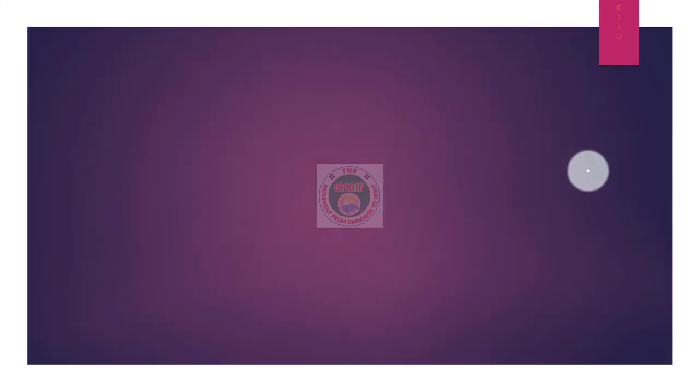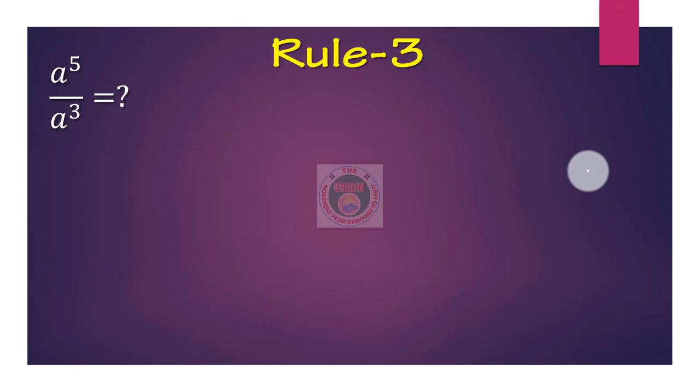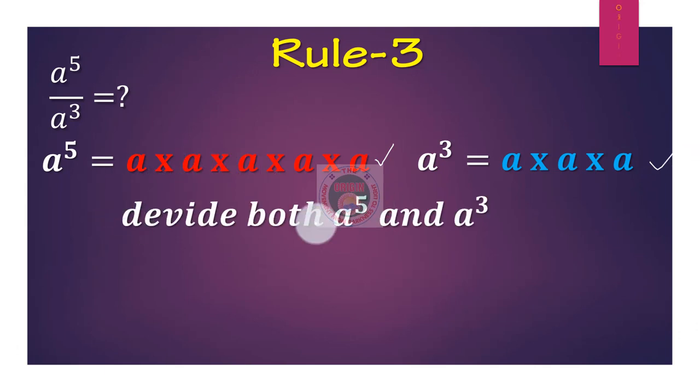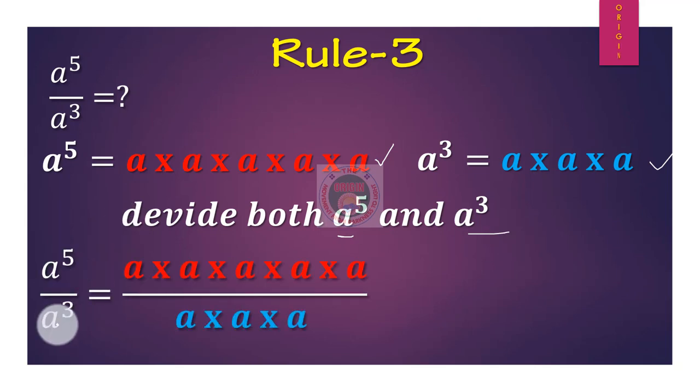Next, rule 3. A power 5 by a power 3 equals question mark. In the previous rule it was multiplication, and in this rule division is there. A power 5 is a multiplied by 5 times, and a power 3 is a multiplied by 3 times. Divide a power 5 by a power 3, that is a multiplied by 5 times and a multiplied by 3 times. Division is nothing but cancelling the terms.